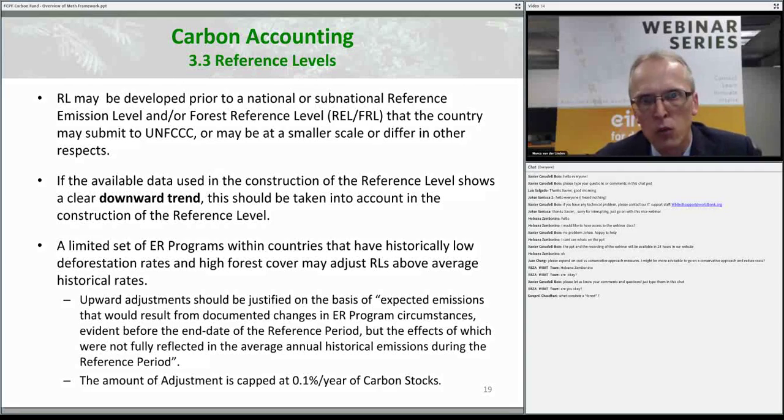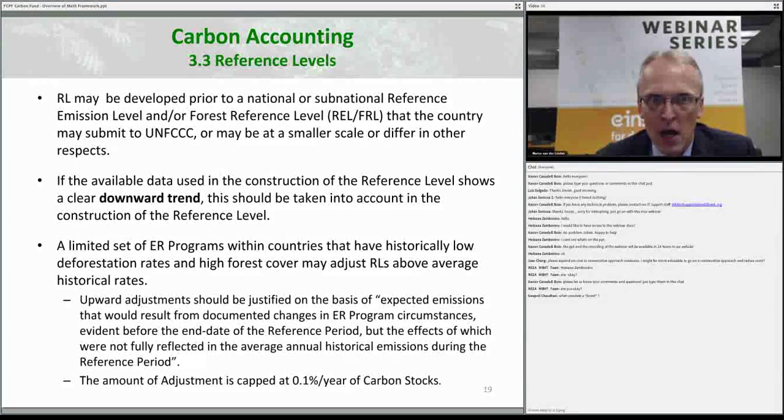So they can take their annual average historic emissions, which are usually low, and do an upward adjustment, which is based on, and I'm just reading it now, expected emissions that would result from documented changes in the program circumstances that are evident before the end date, but the effects are not fully reflected in the average annual historic emissions.